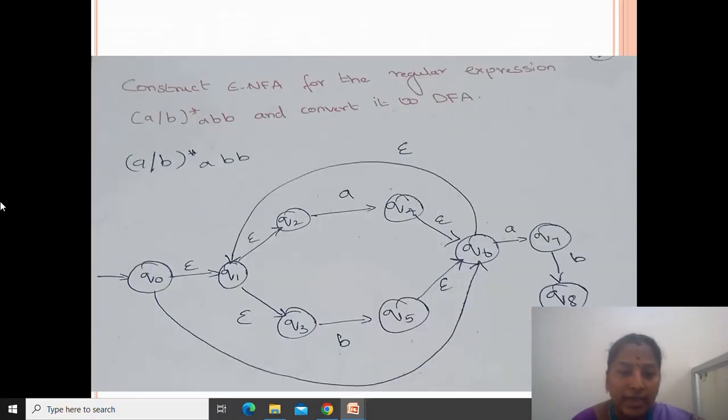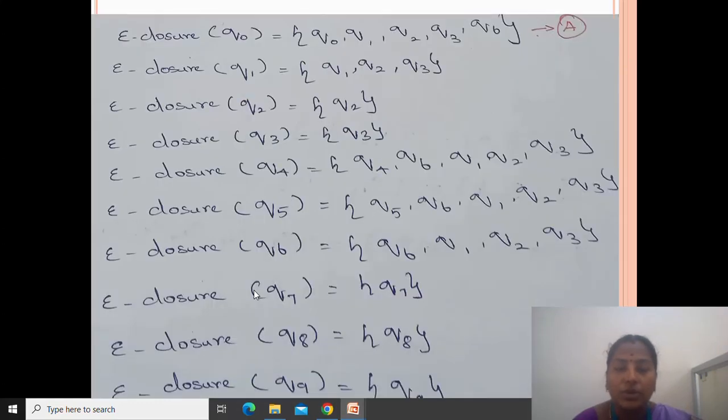So in this diagram, starting from q0, it goes to q1, then to q2 and q3, and from q6 as well. The epsilon closure of q0 is q0, q1, q2, q3 and q6. This is represented as a new state named capital A.